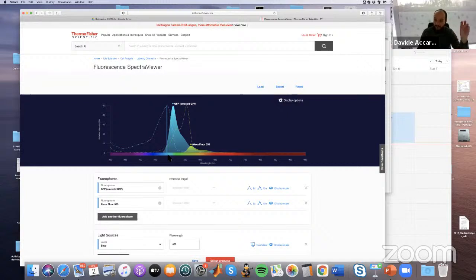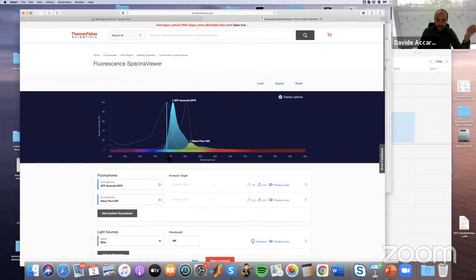It's a very interesting and flexible tool that everybody should know and use to plan their experiment in advance, together with the knowledge of what you have available in your facility or in your own microscope in your lab.